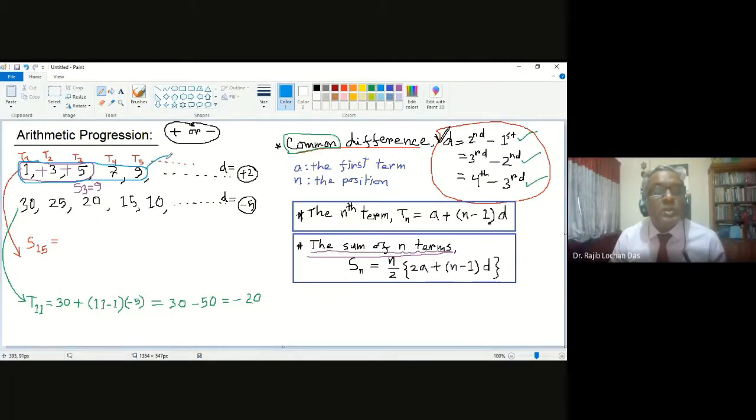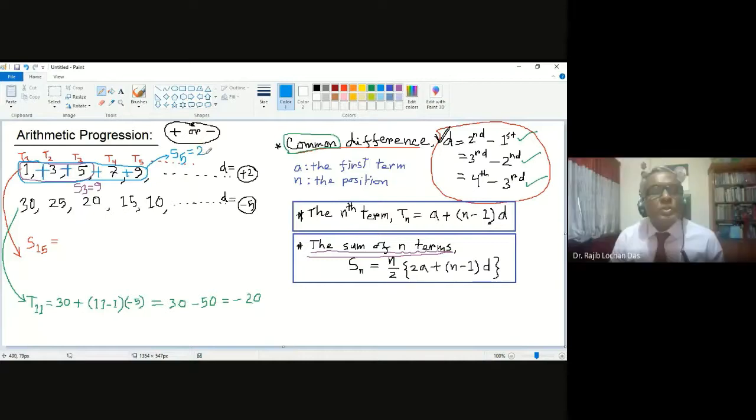You will always start from the first term. So it will be the sum of five terms, like that. Is that clear now?